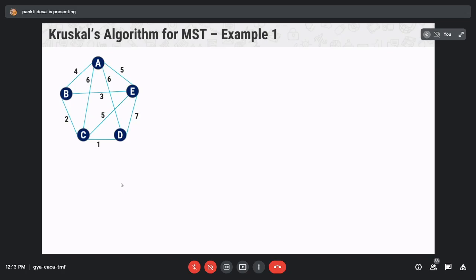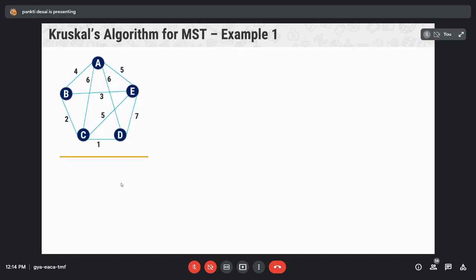So in Kruskal's algorithm, first we will select all the vertices. Then the edge with optimum weight is selected from the heap. It means the edge with minimum weight is selected from the heap even though it is not adjacent to the previously selected edge.